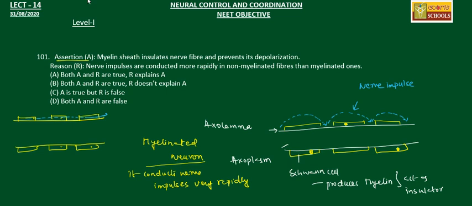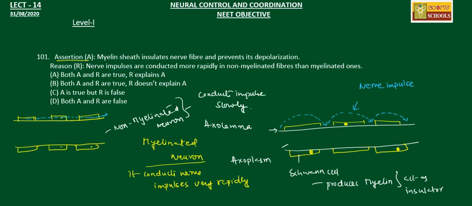In this case, as it is not producing myelin, this is called an unmyelinated or non-myelinated neuron. Here in this case, the transmission of the impulse is very slow. It conducts impulses slowly.